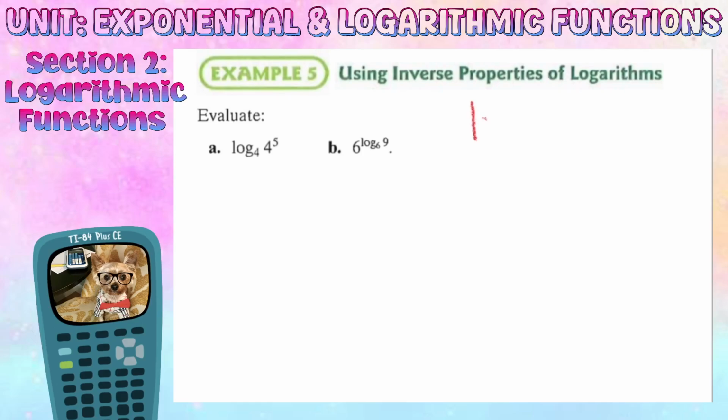So what do I have right over here? Well, we have log base b of b to the power of whatever it might be, calling it a big red square. What happens?